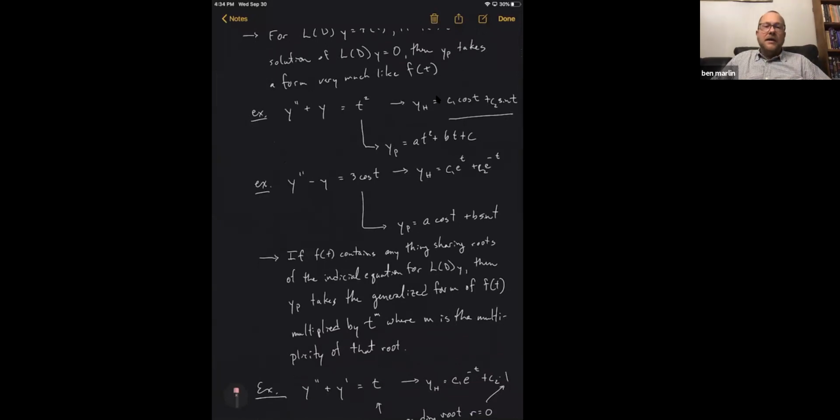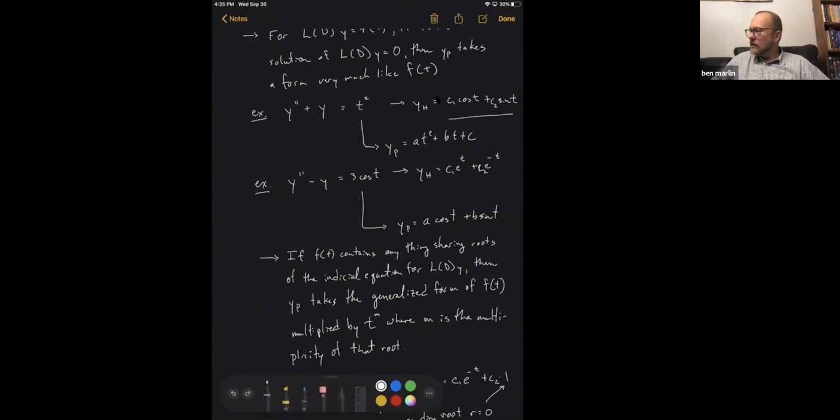Another quick example. Here we've got y double prime minus y instead. And so that's going to get you a homogeneous solution of c1 e to the t plus c2 e to the minus t, okay? And then, because we have a 3 cosine t over here, that tells us we don't have an exponential function in our f of t.